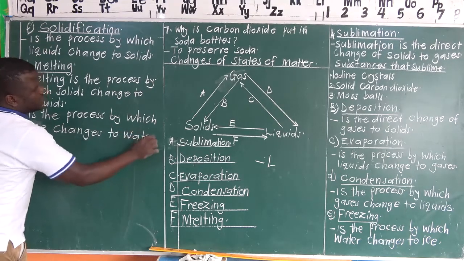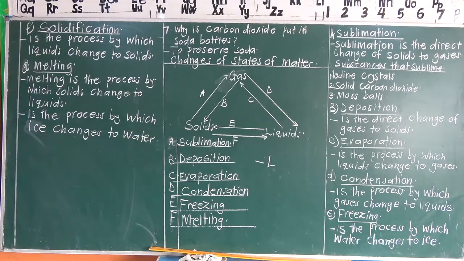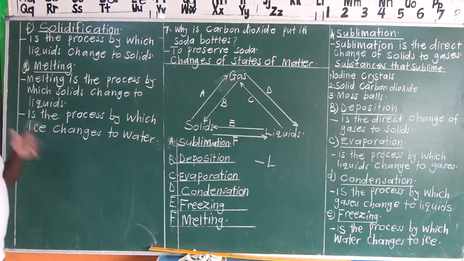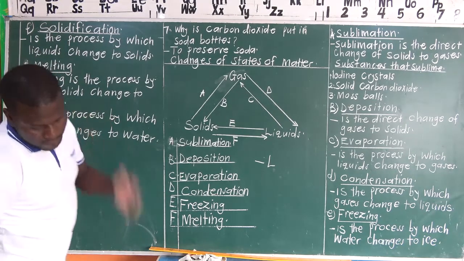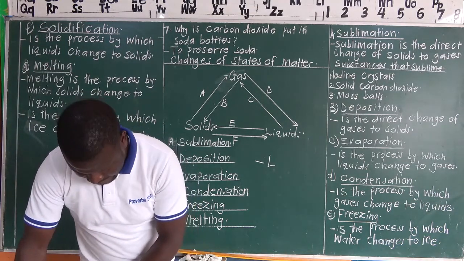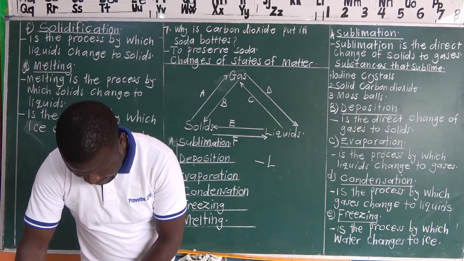So when ice changes to water, it's a process called melting. When solids change to liquids, the process is called melting. As simple as that.